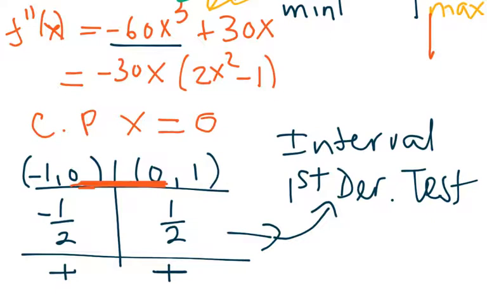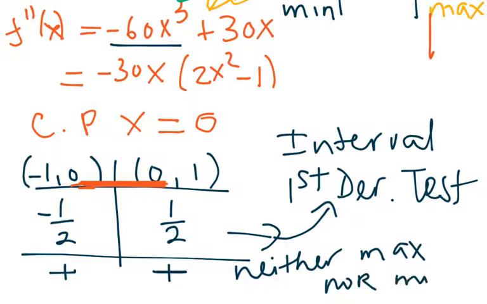Plug it back in, that would also give you a positive. So right here, you see the slope is increasing from the left and also increasing from the right, so it will give you neither a max nor a min at 0. Okay.